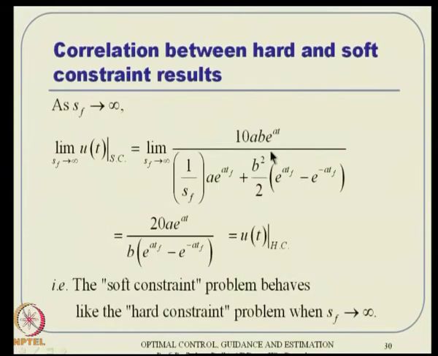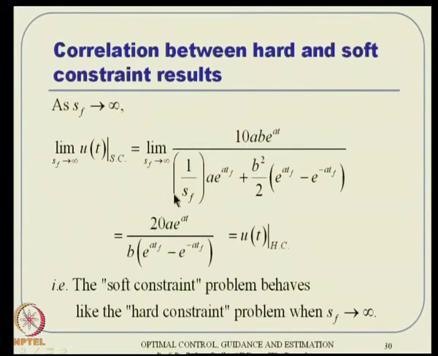We can see that in the limit, when you do this limiting calculation, u of t under the soft constraint when S f goes to infinity happens to be like this, and hence you can simplify this expression. You can carry out this algebra and very clearly say that some of these expressions will nullify, and ultimately you will end up with the same hard constraint control. This expression simplifies because 1 by S f is 0.